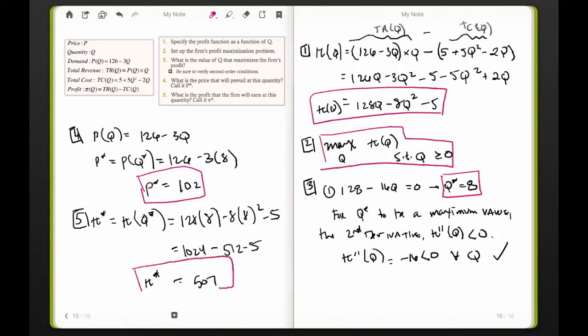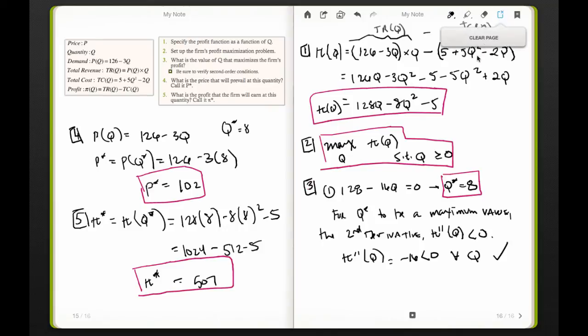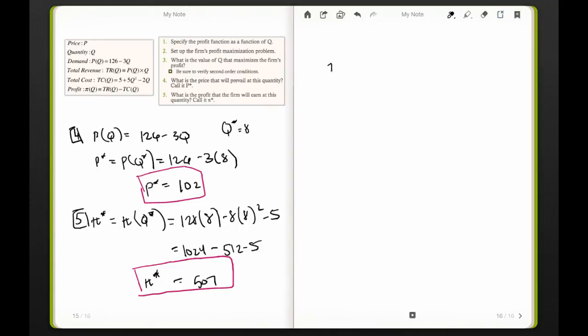So we solved this entire problem without using any graphs. But let me show you what you just did very, very briefly. I'm going to go ahead and clear this page. Let me put over here what our Q is so that I don't forget. Okay. So I'm going to clear this page, and this is basically what we just did.